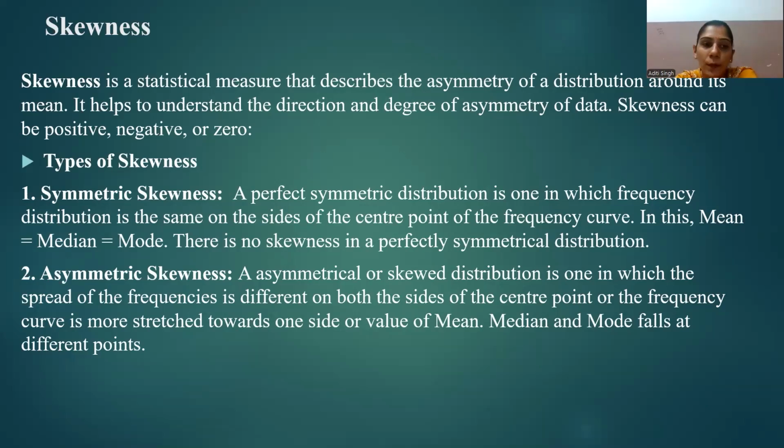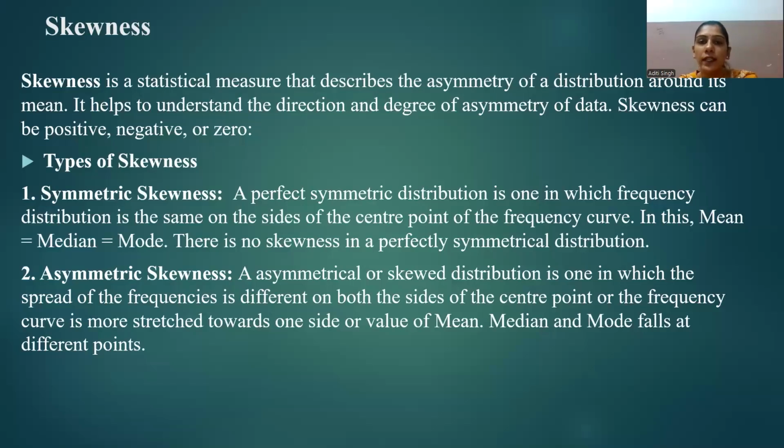As in symmetric skewness, the distribution of frequency on both sides of the center point is equal, but in asymmetric skewness, the spread of frequency is different on the left side and the right side.